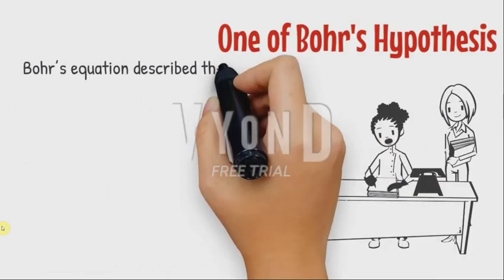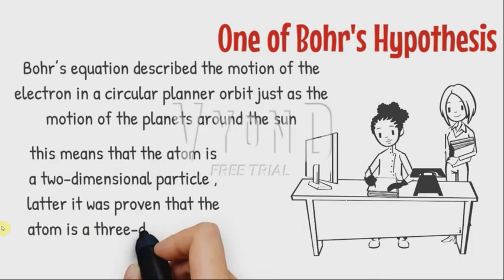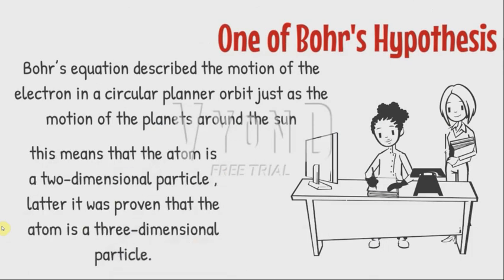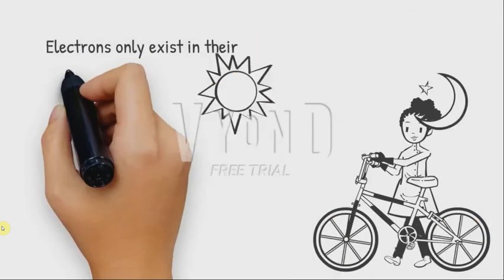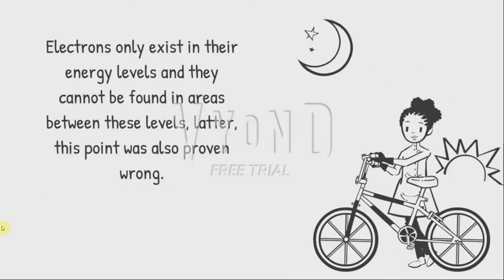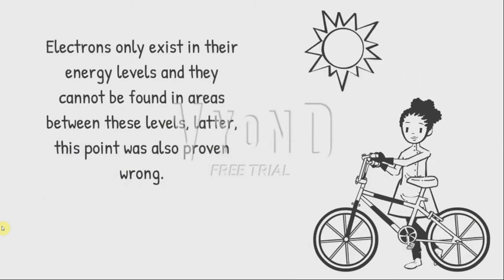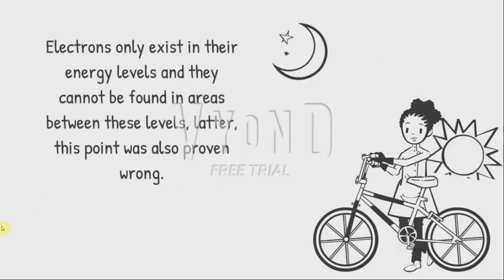Bohr's equation described the motion of the electron in a circular planar orbit, just as the motion of the planets around the sun. This means that the atom is a two-dimensional particle. Later, it was proven that the atom is a three-dimensional particle. Electrons only exist in their energy levels, and they cannot be found in areas between these levels. That's what he thought. Later, this point was also proven wrong.